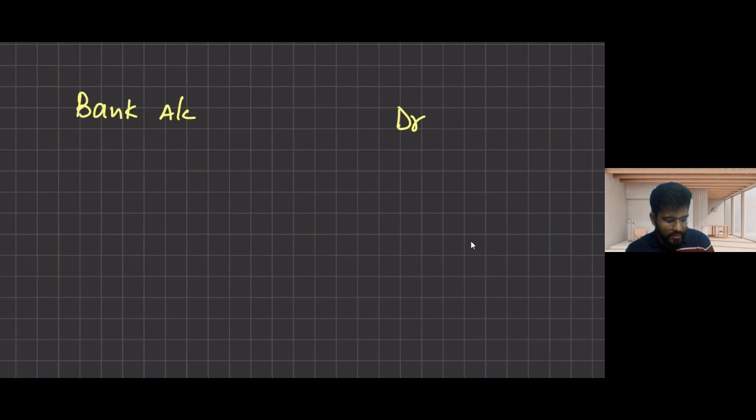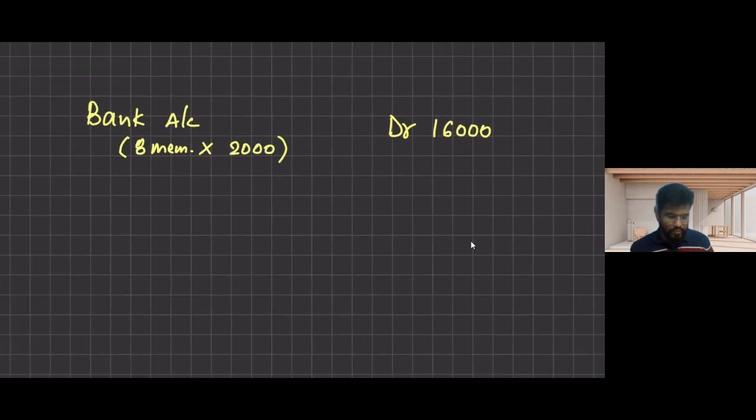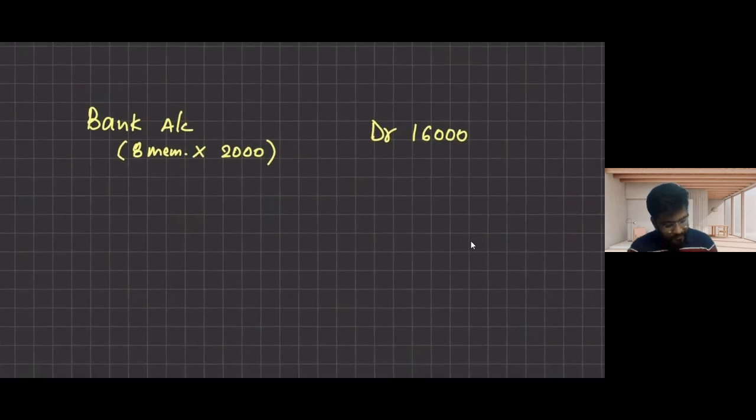So how many members have paid the fees, sir? 8 members have paid the fees of rupees 2000. So my bank account is being debited with rupees 16,000, sir. That is very, very clear. And what account will I use? Subscription account.